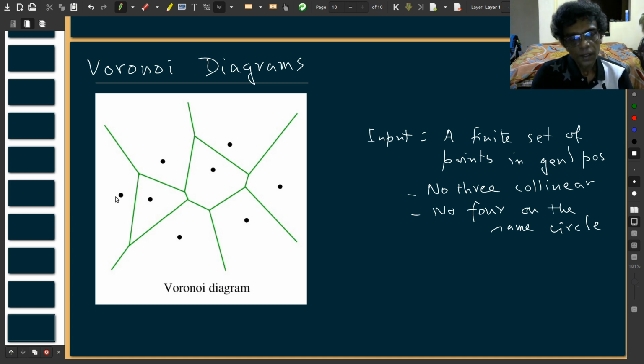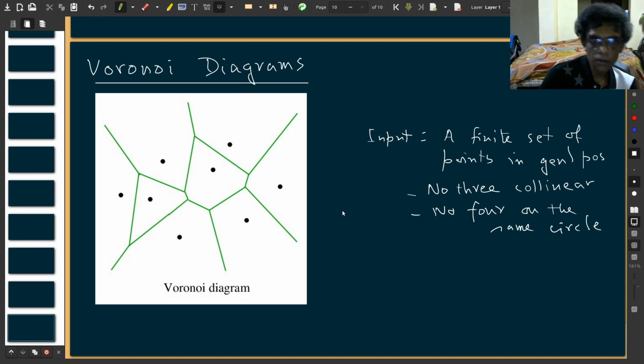Likewise, you can think of the sites as the positions of mobile towers, cellular phone towers. This is the region to be served by this tower, because it is geographically closest to this tower. More specifically, I can define this.